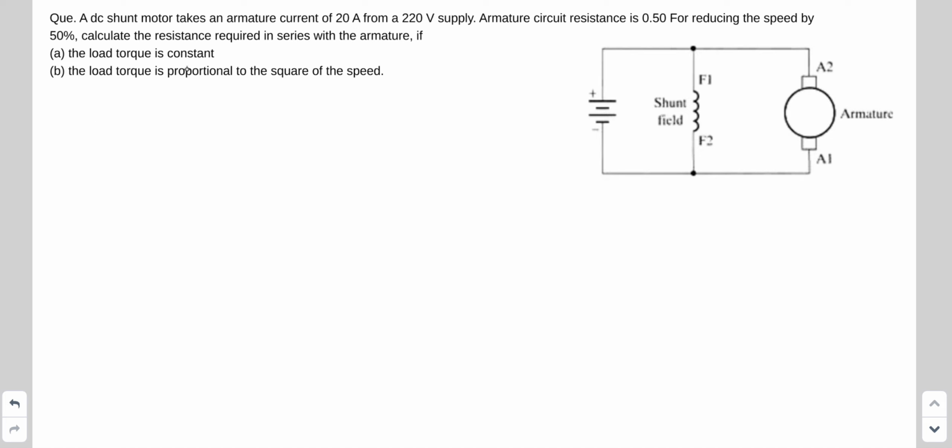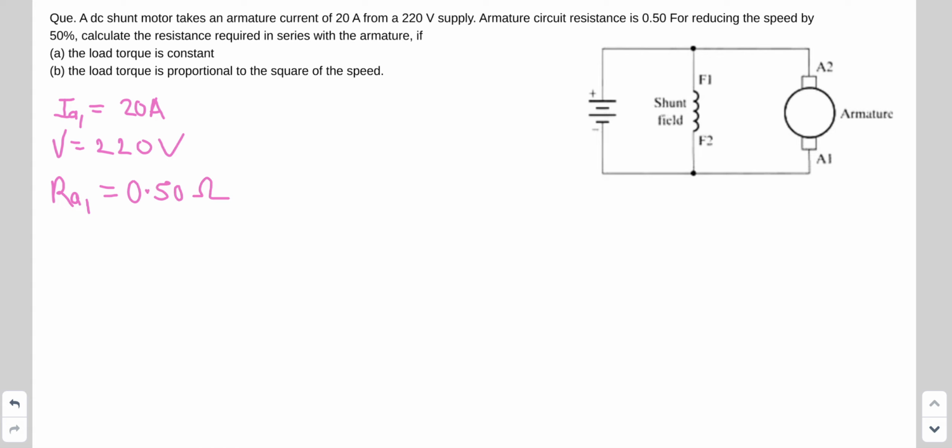So first we will write the given values. So Ia1, the armature current, is given as 20 ampere, supply is given as 220 volt, and armature resistance Ra1 is given as 0.50 ohm.